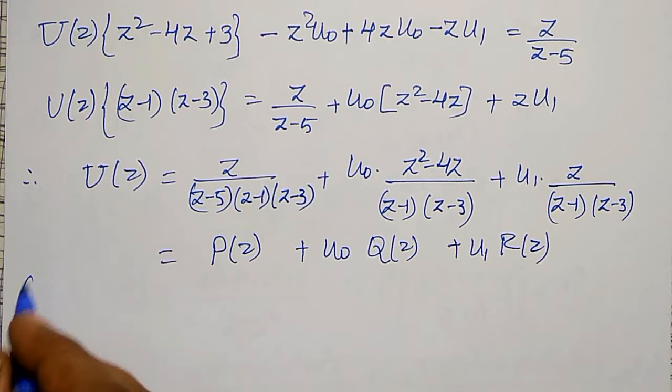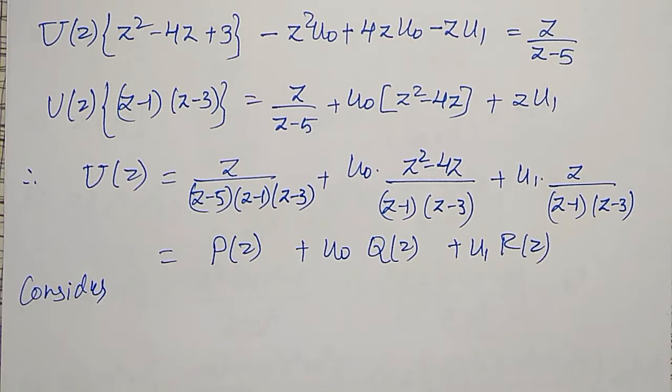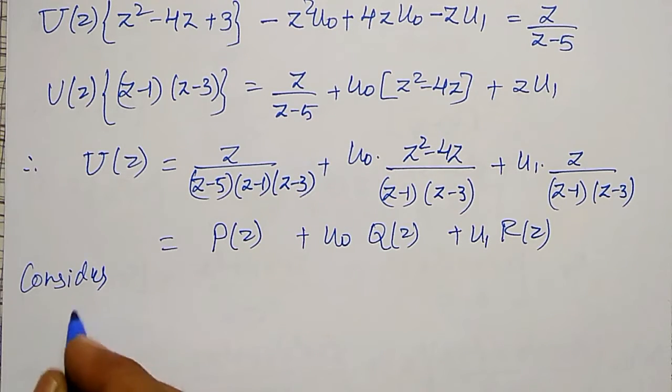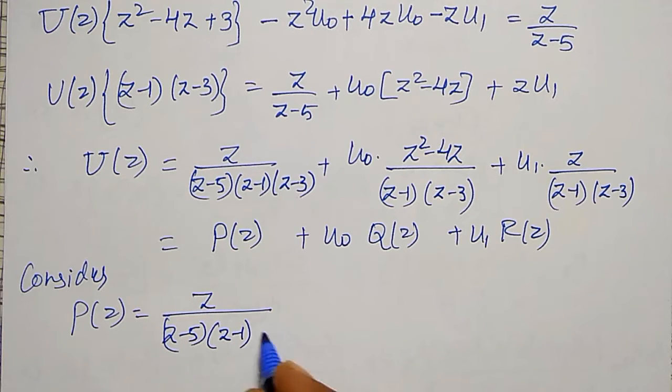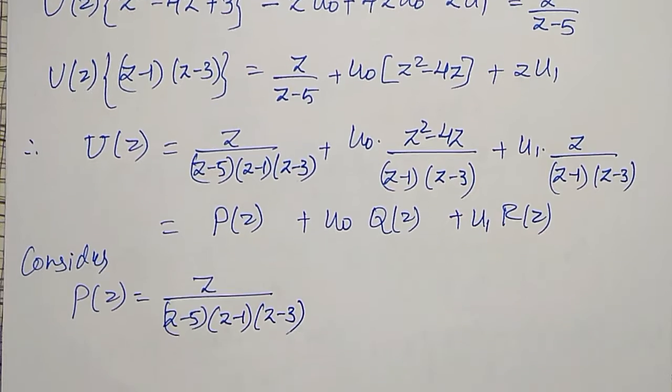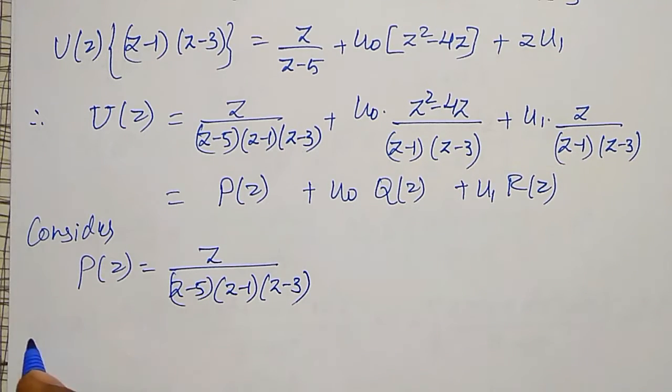Consider, I will write in the standard forms. P(z) is equal to z divided by (z minus 5)(z minus 1)(z minus 3). While finding the inverse z transform, I want the numerator z. Therefore, this z I will shift to the other side first.